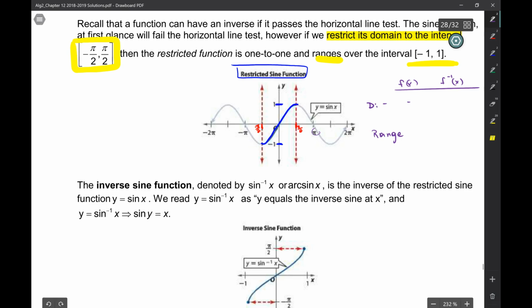So the domain is negative pi over 2 to pi over 2, and the range is negative 1 to 1. When we find f inverse, the domain and the range are going to switch. So the domain of f inverse is going to be negative 1 to 1, and the range is going to be negative pi over 2 to pi over 2.